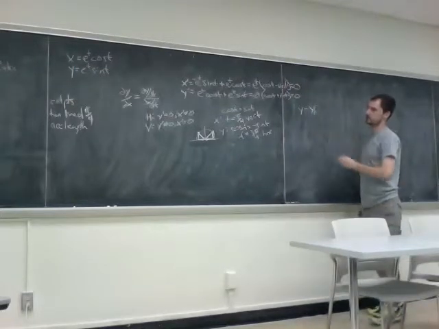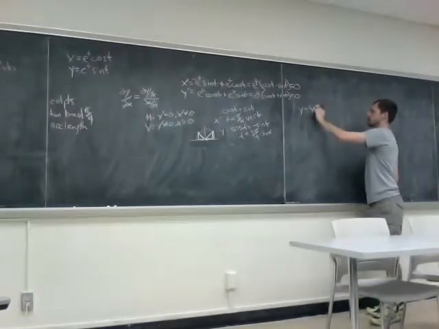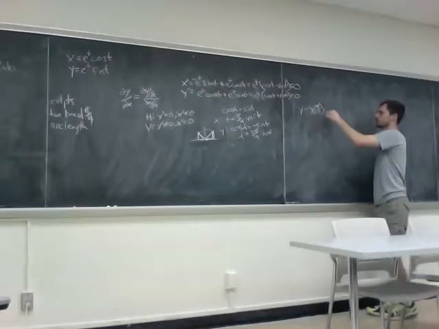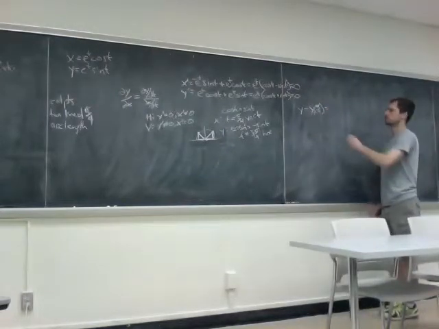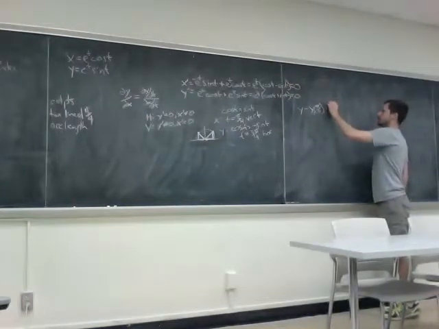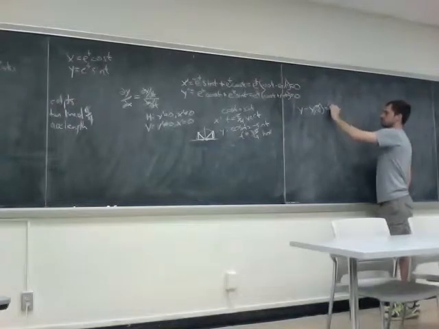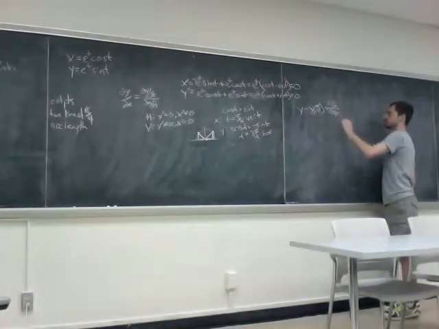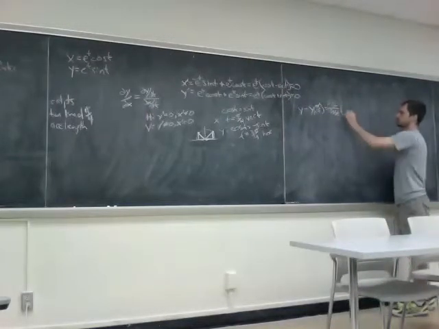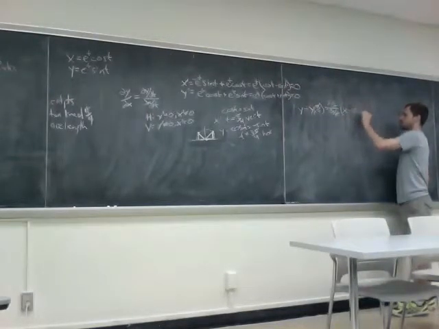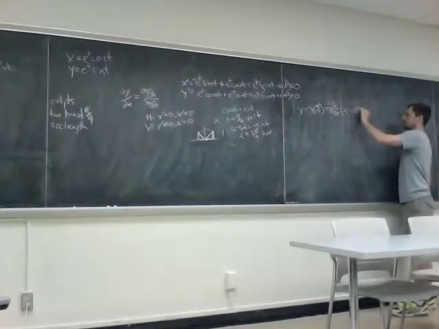Our t value in this case was pi over 4. So y of pi over 4, that's a point. Then we have the slope, which we know is dy over dx, but in our case, those are both in terms of dt. So that's our slope, and then we have x minus x evaluated at pi over 4.